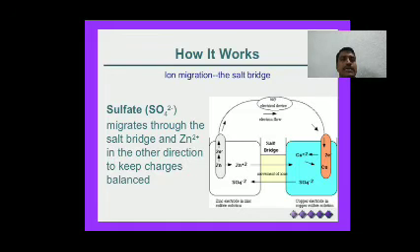How does it work? Ion migration, the salt bridge. The anodic half cell and cathodic half cell are two different half cells connected by the transfer of electrons from anode to cathode.